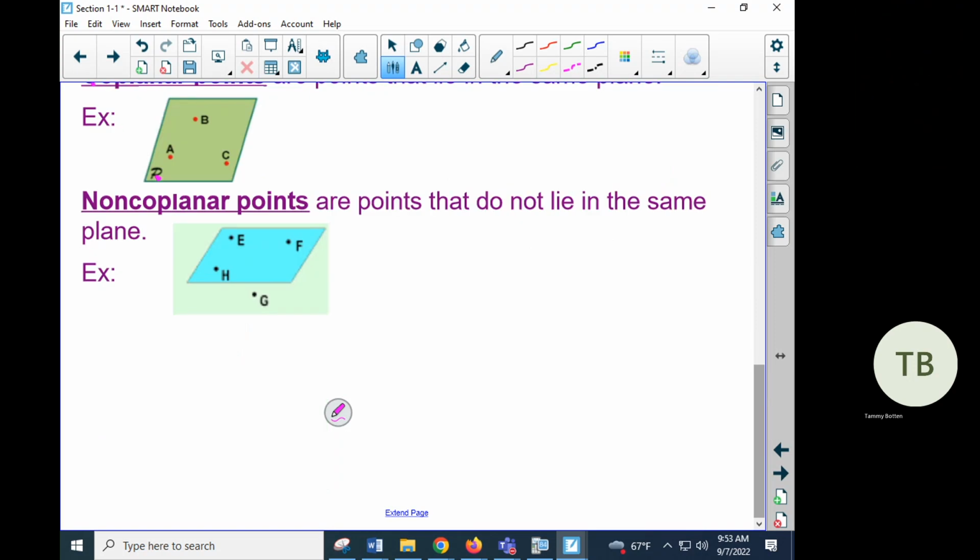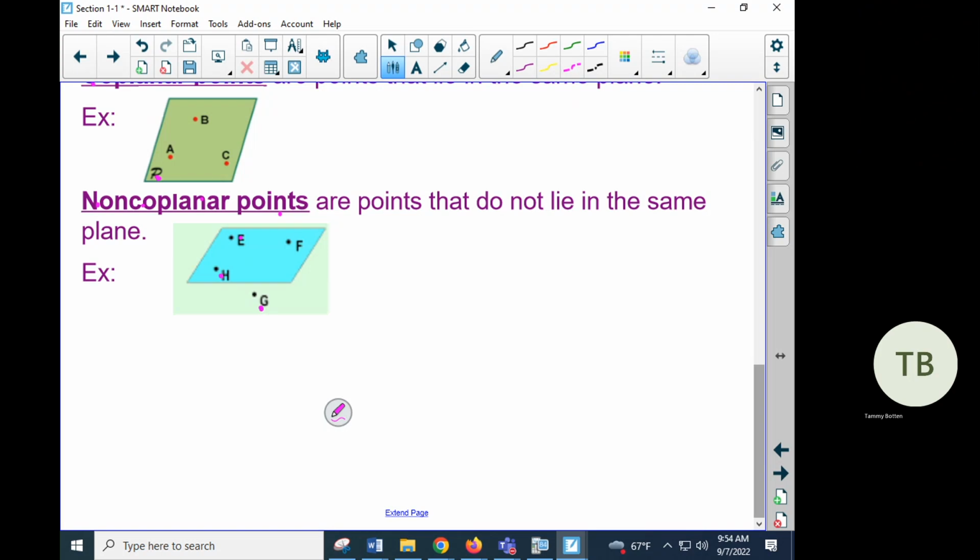Non-coplanar is just points that are not in the same plane. So if you look here, E, F, and H are coplanar, but once we introduce G, then it's non-coplanar. So if I said, are points E, F, and G non-coplanar? That's true. If I said are E, F, and H non-coplanar, that's false.